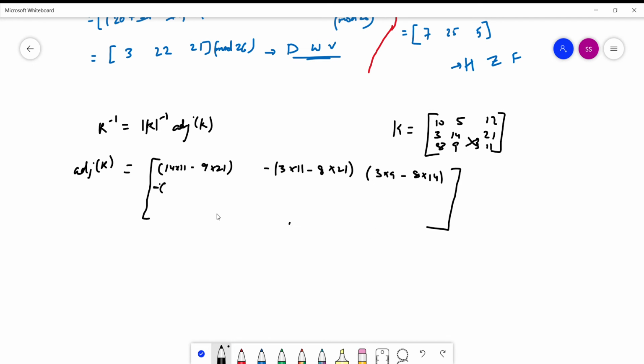If you see like this also, it's positive, negative, positive, negative, positive, negative, positive, negative, positive here. Okay, so for 3 you don't see this row and this column, so remaining is 5 into 11 minus 9 into 12. Okay, this one is positive, so for 14 it will be 10 into 11 minus 8 into 12.